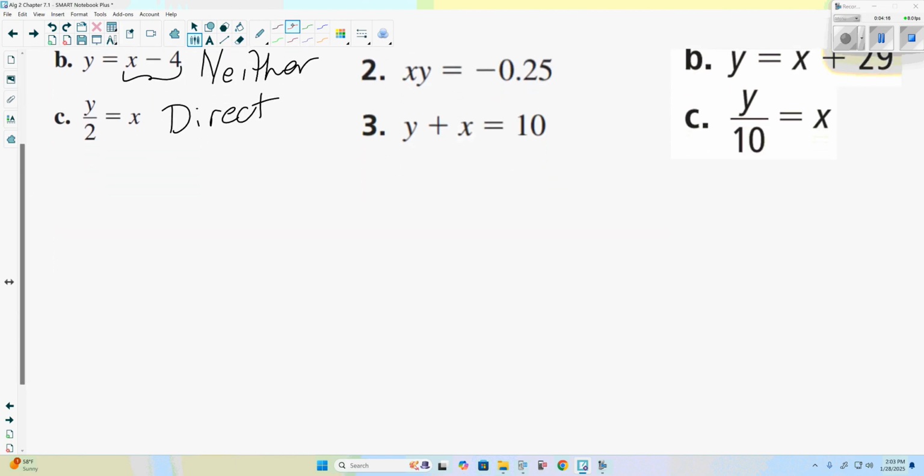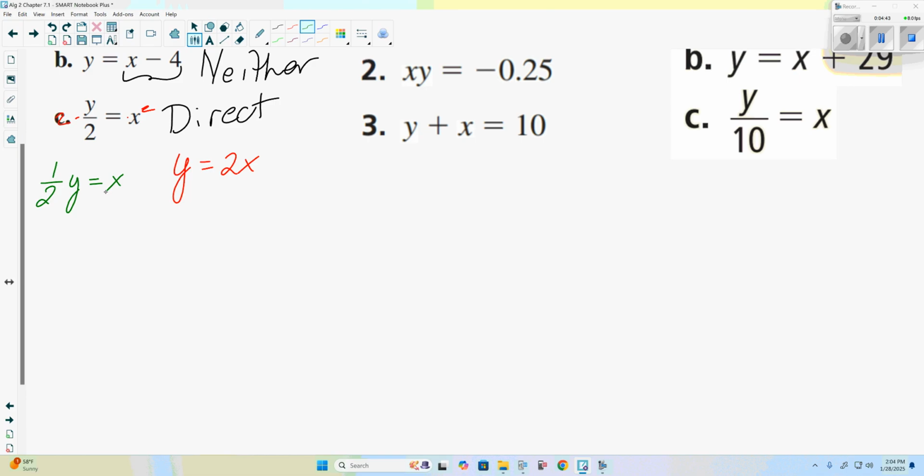Now with C, there's two ways we can look at this. One is I can multiply both sides by 2, just telling me that y is equal to 2x. Because when we multiply y over 2 by 2, the 2 and 2 will become 1, giving us y by itself. So we get our y equals a times x. The other way to look at this is y over 2 is the same as saying 1/2 y.